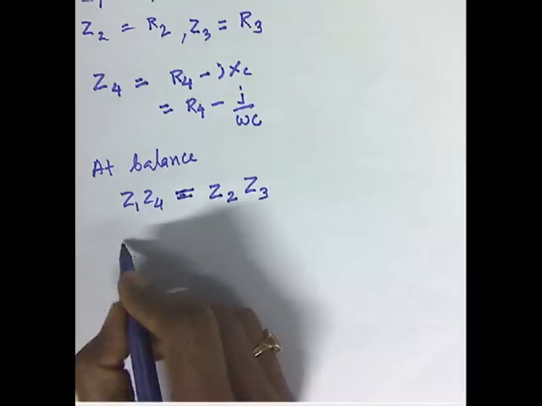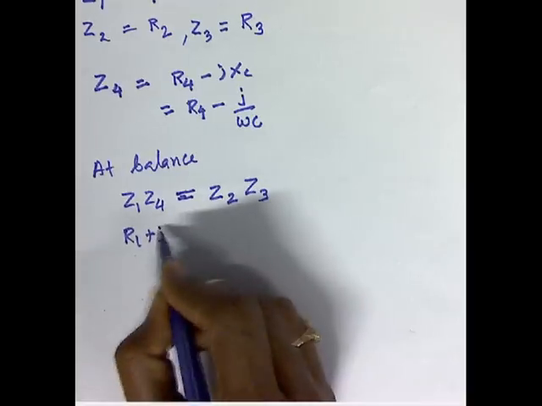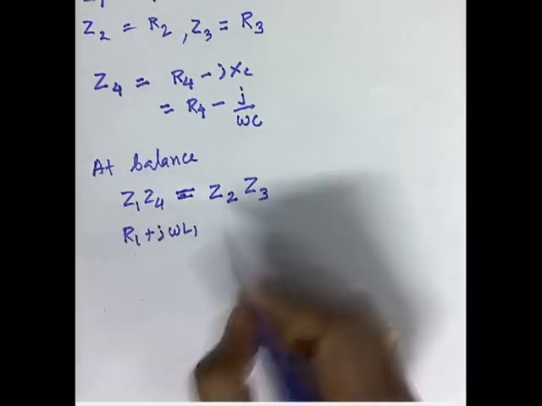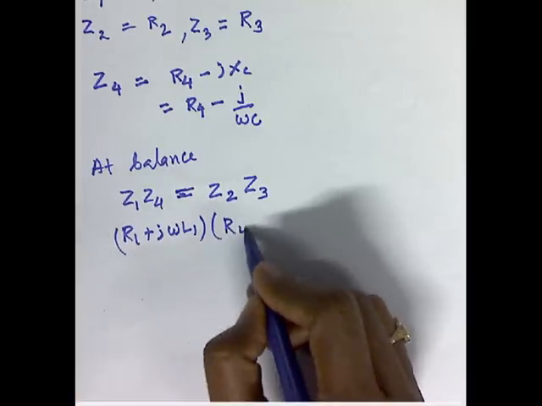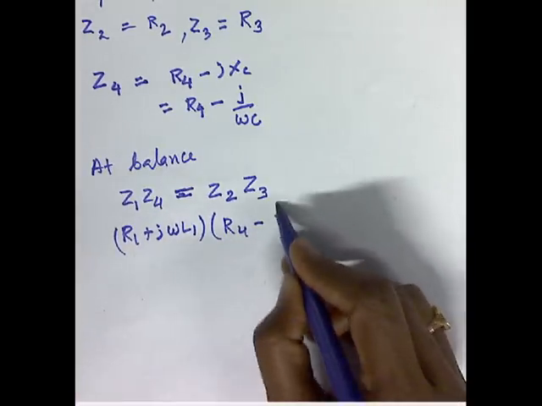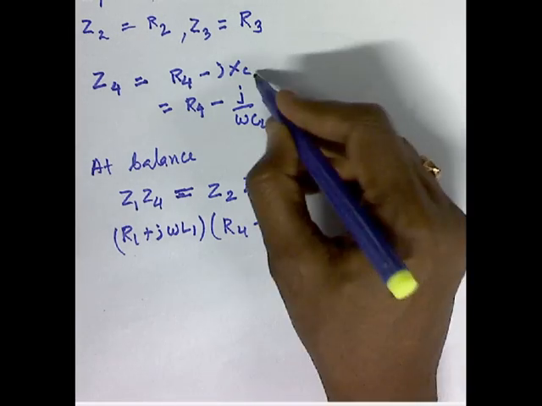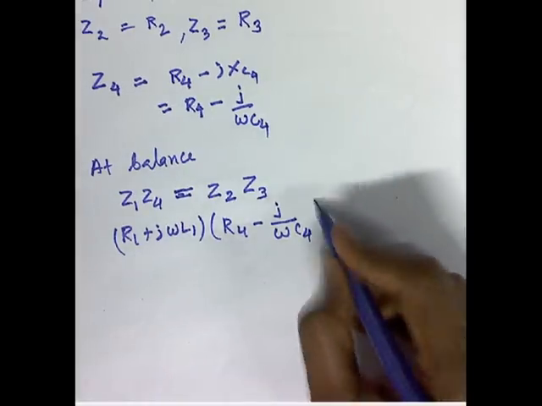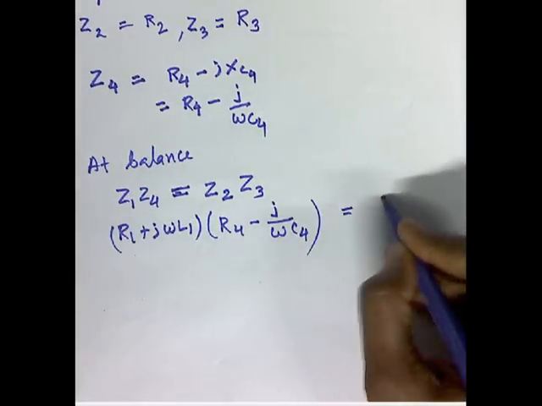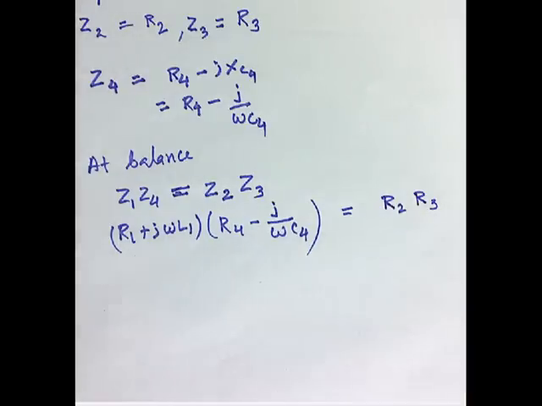What is Z1? Z1 is equal to R1 plus j omega L1. Z4 is R4 minus j by omega C4. Z2 is equal to R2, Z3 is equal to R3.